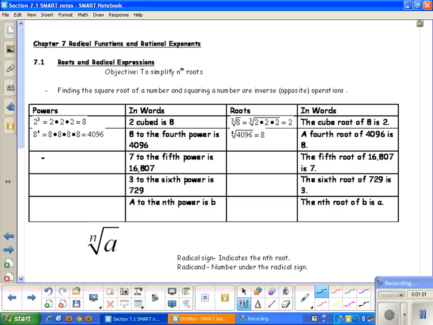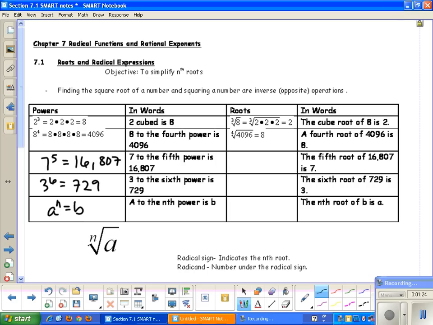So 7 to the fifth power would be equal to 16,807 here. 3 to the sixth power is equal to 729. And this says a to the nth power equals b.